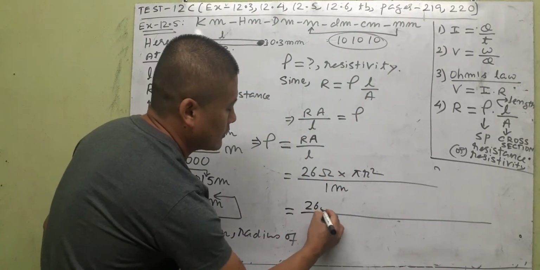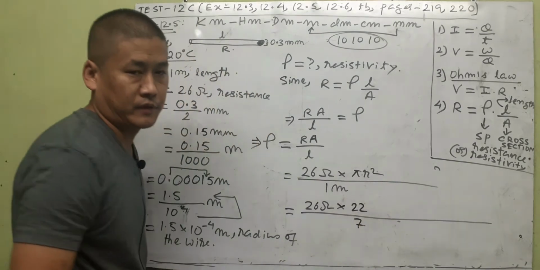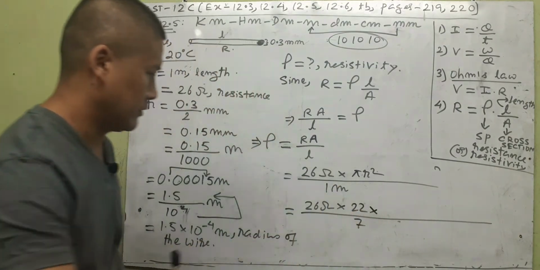Just write 26 ohms into pi, which we know is 22 by 7, the approximate value, when it's not given. And r has already been found, but it's r square.